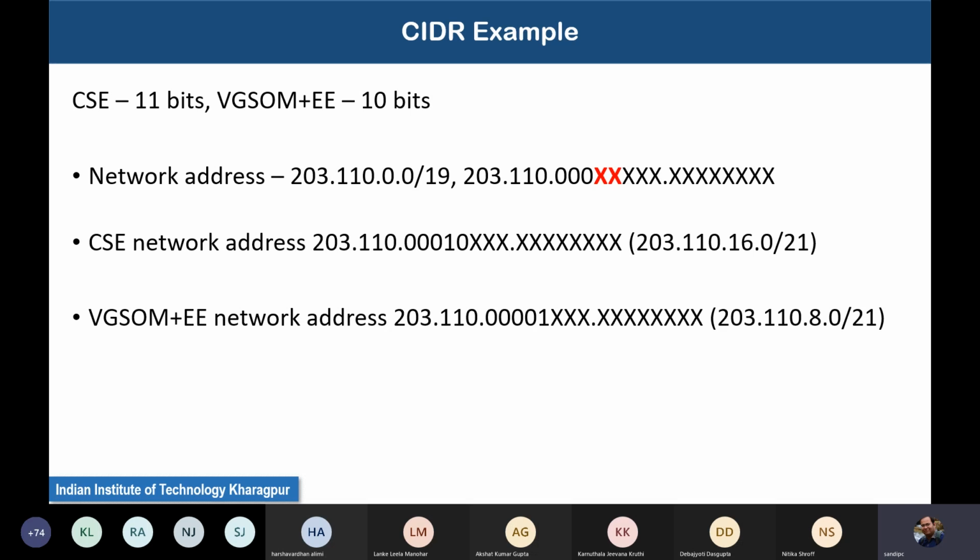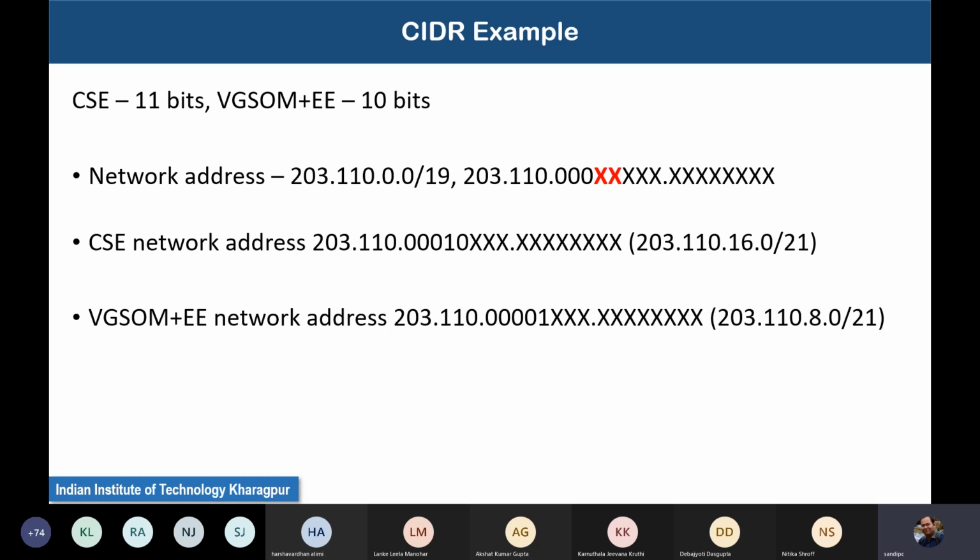My network address space was 203.110.0.0/19. That means after 203.110, these 3 zeros are part of the network IP, 16 plus 3 is 19, and all the remaining X's are available to me. I take 2 of these X's, and with these 2 bits I can create 2 different subnets, one with 10 and another with 01. With 10, I make the CSE network, and the IP becomes 203.110.16.0/21.